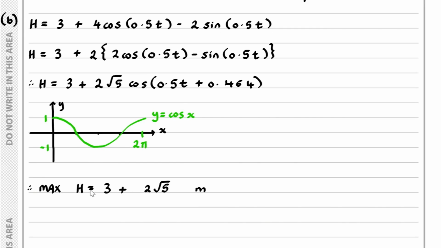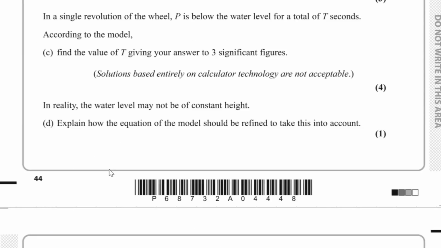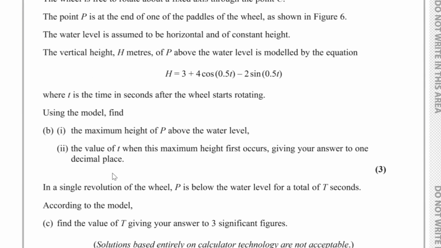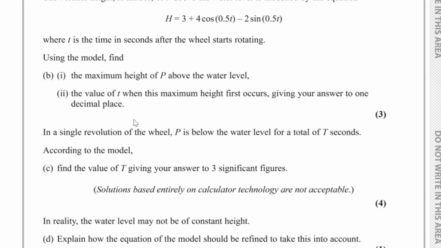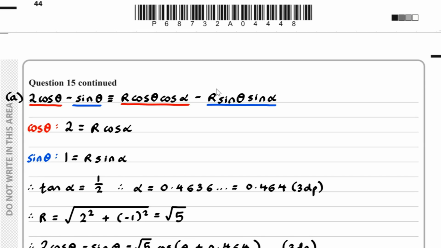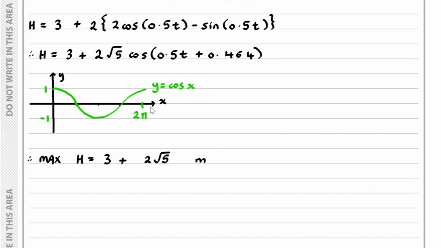And then the value of t for which this maximum occurs.